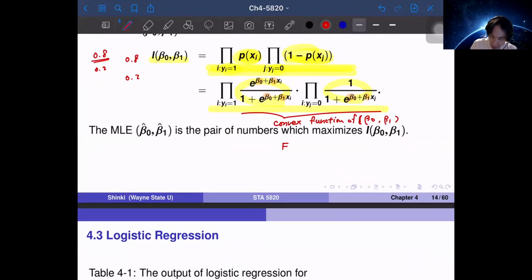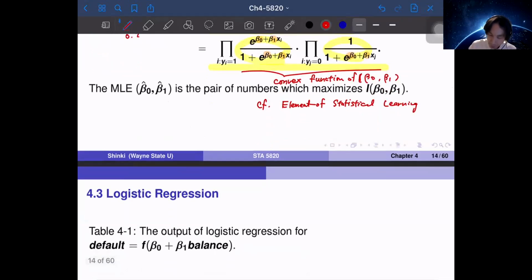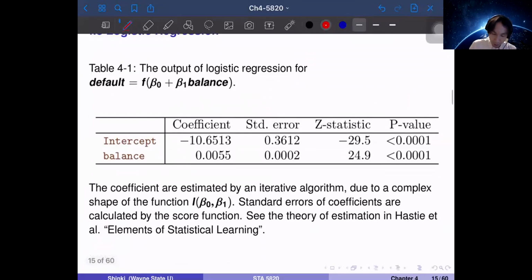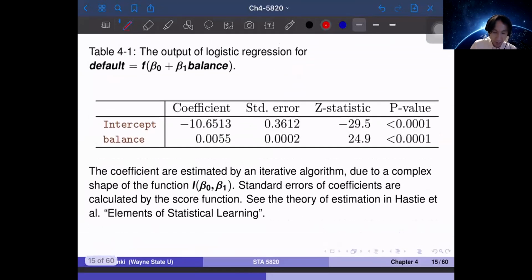The proof is in the textbook, The Elements of Statistical Learning. This book is in the syllabus, and I think in chapter 4 you can see the proof that the likelihood function is convex.